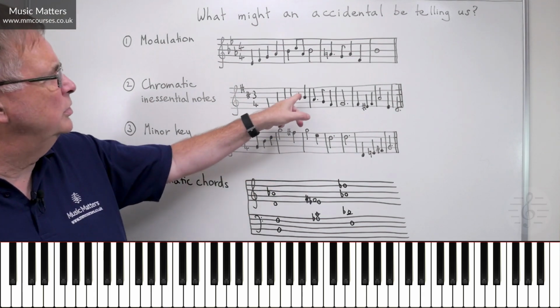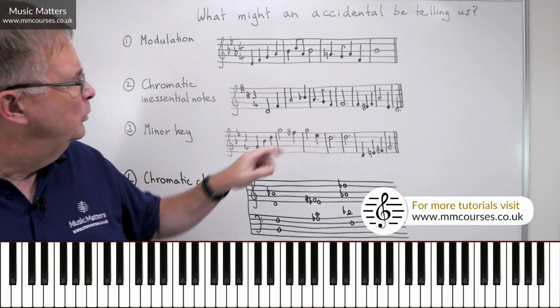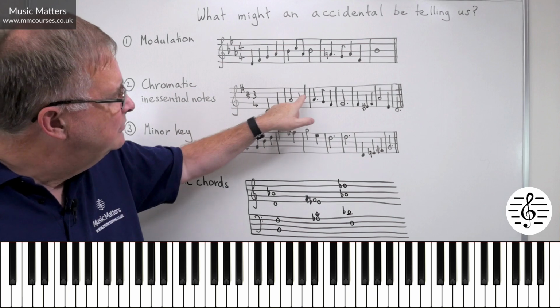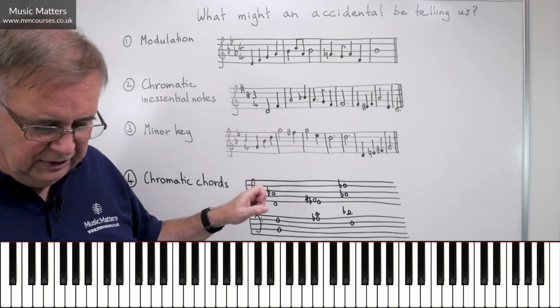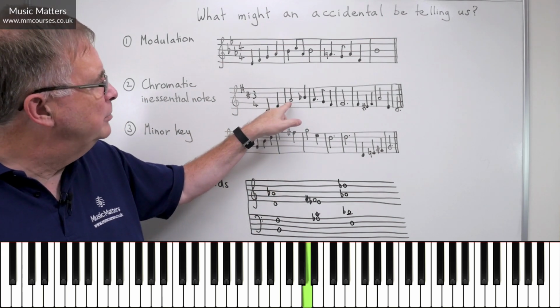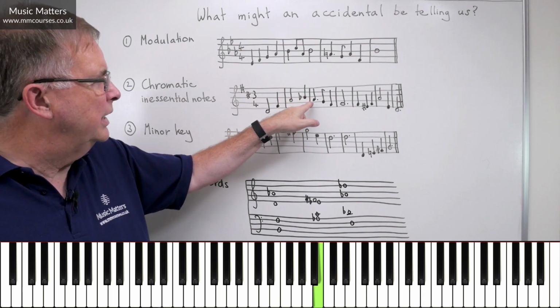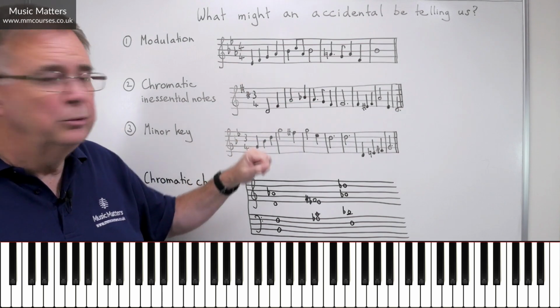But we look through and we think, what on earth is B flat doing there? Well, if you look at it, B flat could be one of these upper auxiliary notes, because I've got A, especially if A belongs to the chord. If I went up to B and then came back to A, B would be an upper auxiliary note.